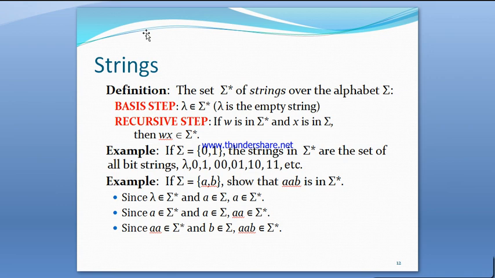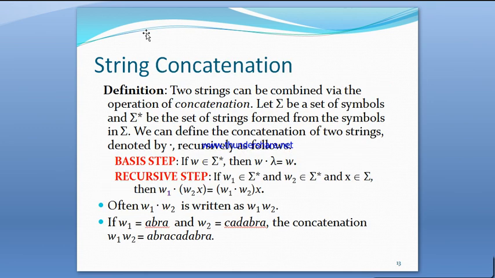Now, since a belongs to sigma star and a belongs to sigma, we have aa belongs to sigma star. Continuing similarly, when aa belongs to sigma star and b belongs to sigma, we can have aab belongs to sigma star, right?